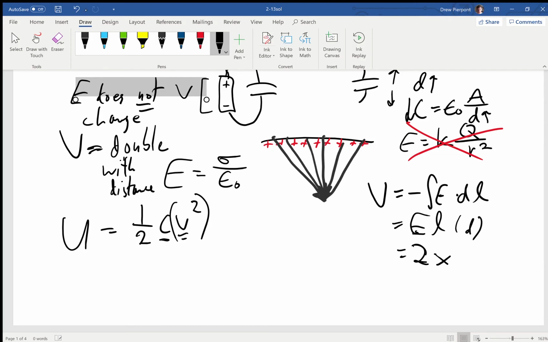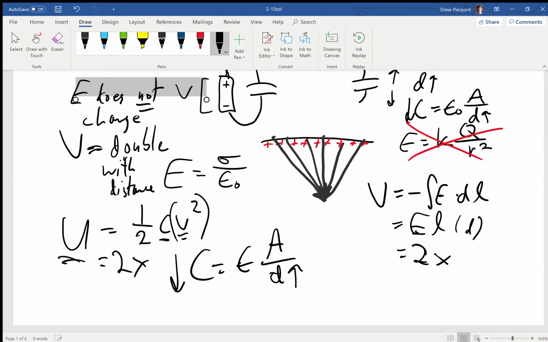We have C right here, and C equals, as I said, epsilon naught times A over D, and D is going up. So capacitance goes down. It gets cut in half. So if potential squared is quadrupled and capacitance is halved, then our energy is doubled. Okay, so U equals 2x.